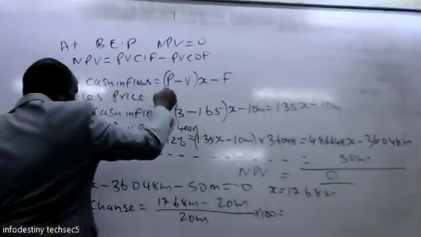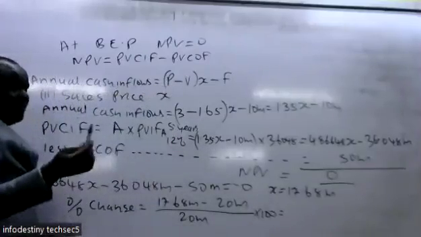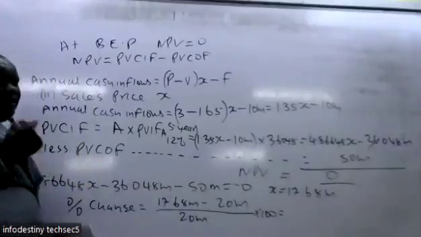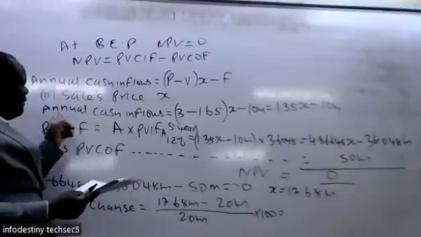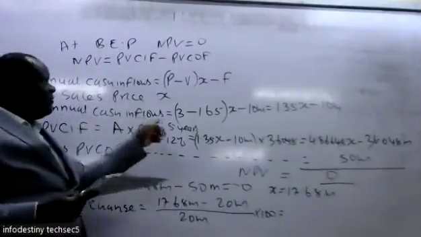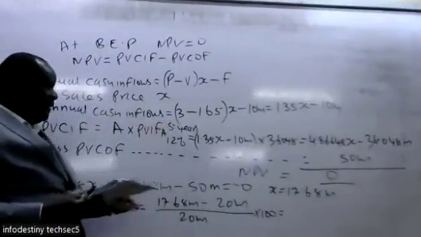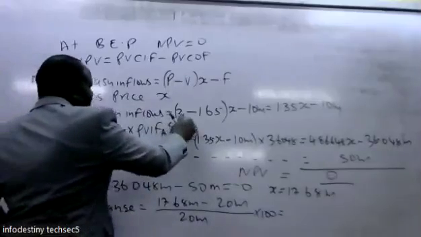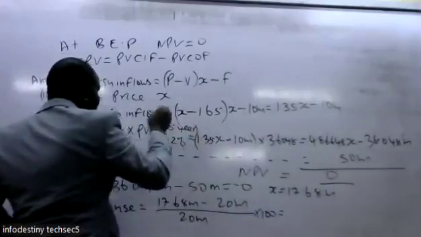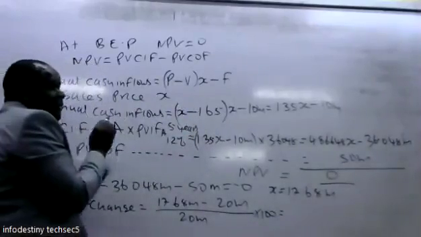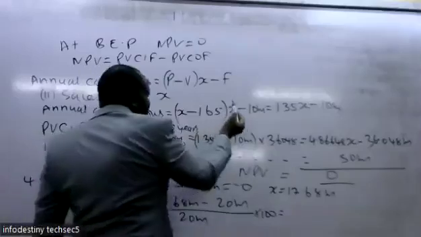I'm making it X because X is so common for the unknown. So I start afresh. You see my annual cash inflows. Where there was the selling price, I change it to X. It is the one which is affected. The rest will not be affected.